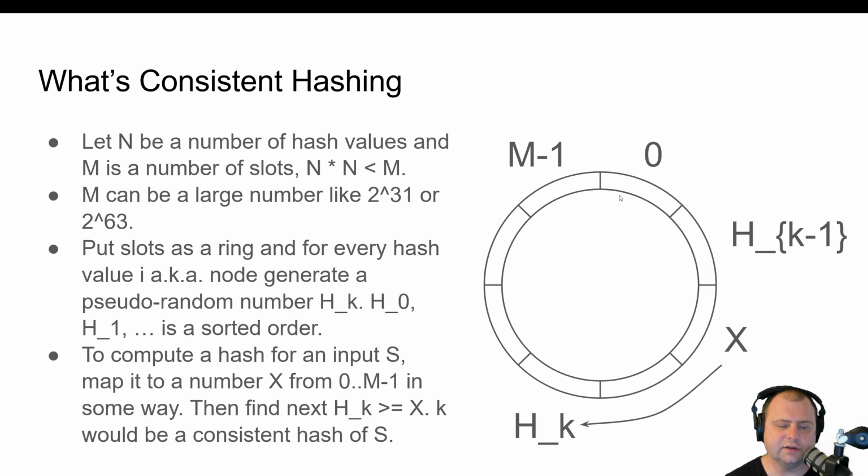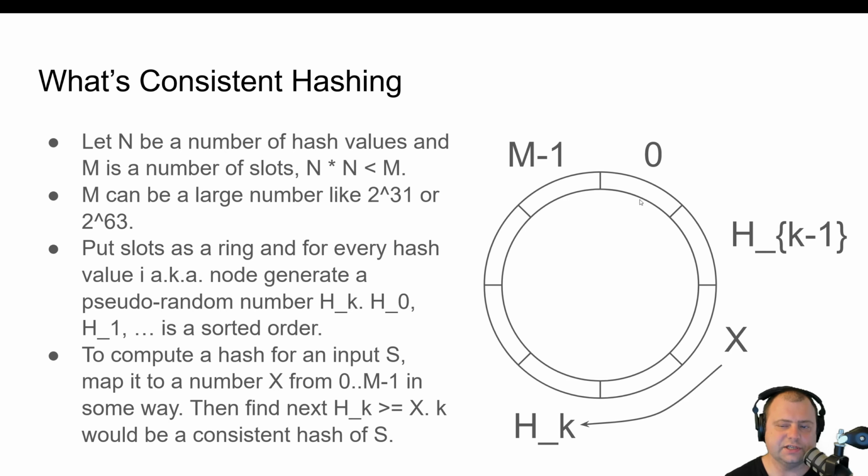So then to compute a hash of the input s, we map it to a certain number x from 0 to m minus 1, maybe using some simple hash function with modulo. And then we find the next hk so that it's greater than or equal to x, but more than hk minus 1.